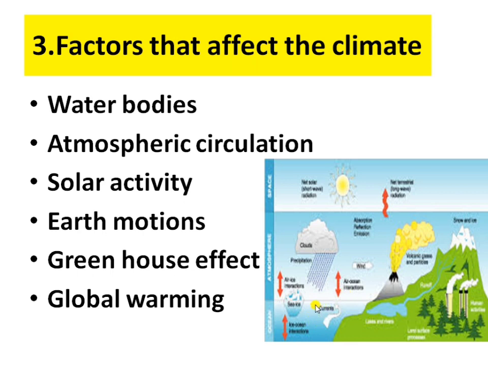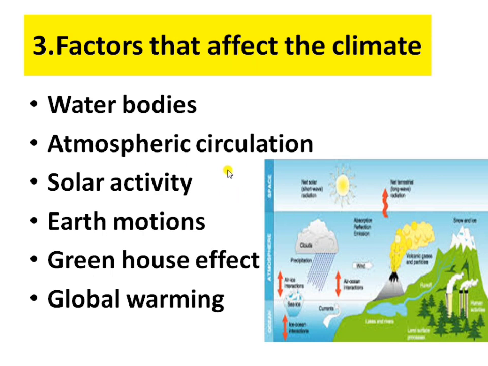In water bodies, there is a large water body such as a lake, as you can see here in this picture. The lakes and the ocean have an important effect on the temperature of an area, because the temperature of the water body influences the temperature of the air that is present in the atmosphere.